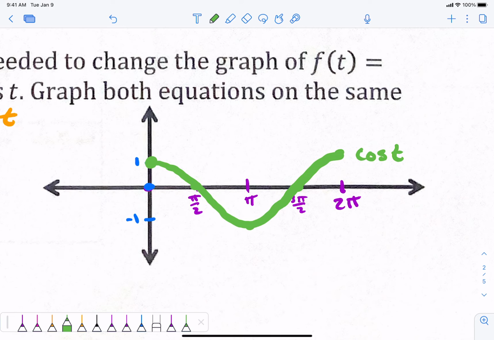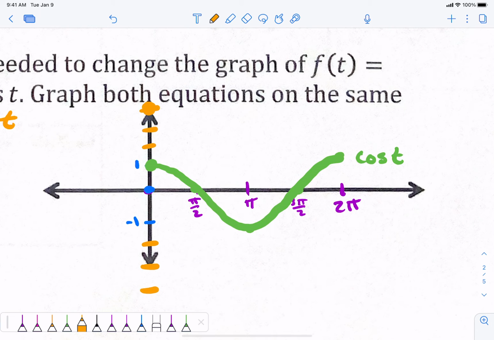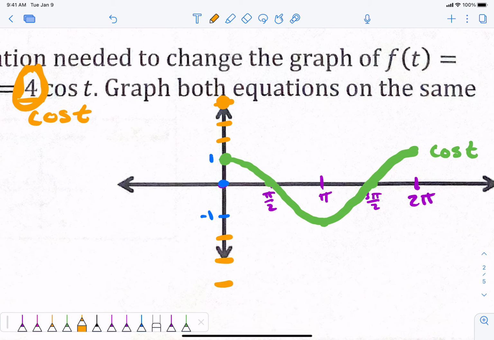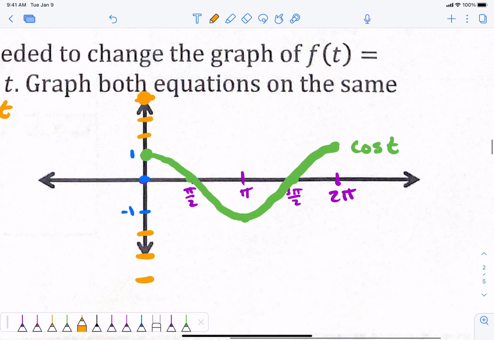Now it's not going to make him wider and skinnier. It's just going to make him taller. The 4 out in front just makes him go 4 units tall and 4 units short. So instead of starting at 1, he's going to start up here at 4. That's the only thing the 4 does.